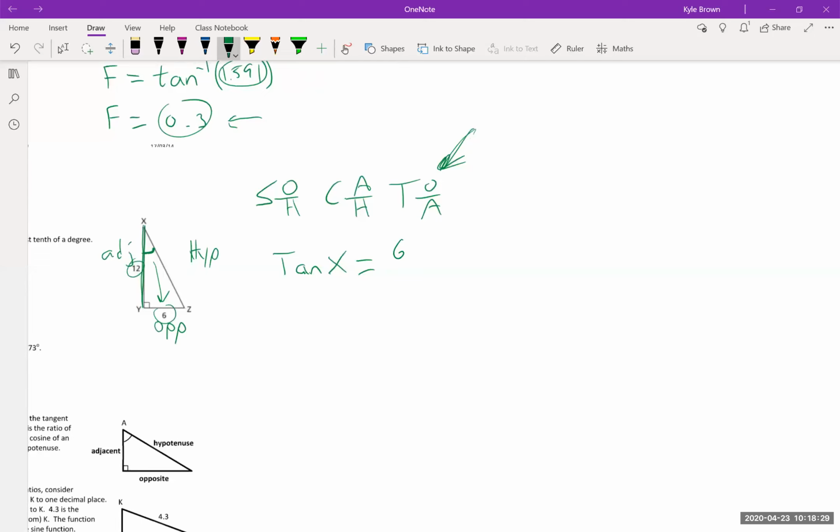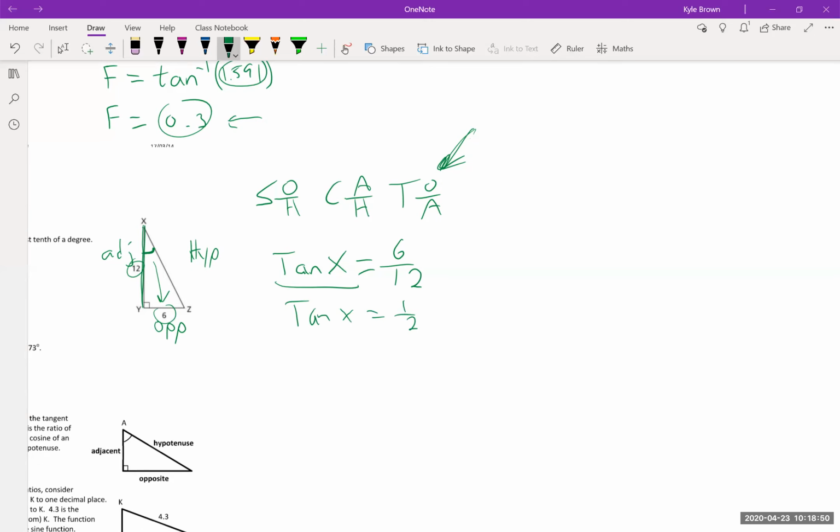The opposite here is 6, and the adjacent is 12. So tan of the angle is 6 over 12, which is the same thing as 1 over 2 or 0.5.